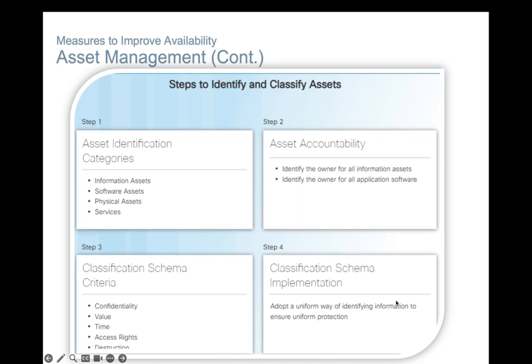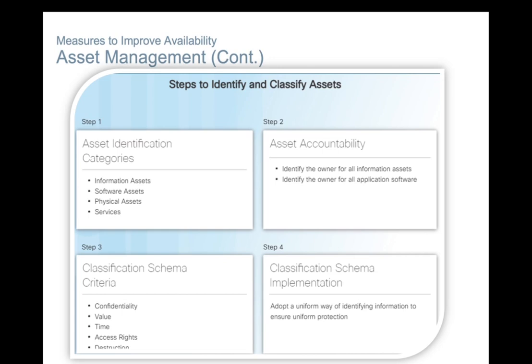In this, you can adopt a uniform way of identifying information to ensure information protection. For example, the US government uses sensitivity to classify data as follows: top secret, secret, confidential, public trust, and unclassified.